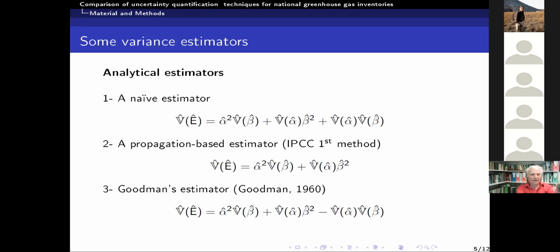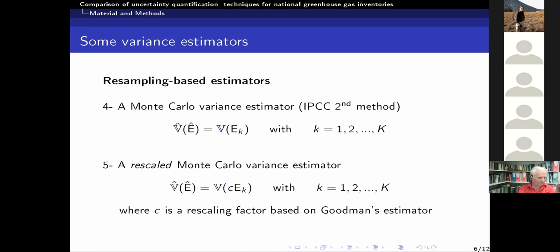As I said, there are 5 estimators that were tested in this study, and the IPCC recommends another one, which is the Monte Carlo variance estimator that you all know. Basically what we do, we just compute realizations of our estimated greenhouse gas emissions. And then we get an approximate distribution, we calculate the variance of that distribution, and we get an estimator. So that is the second method suggested by the IPCC.